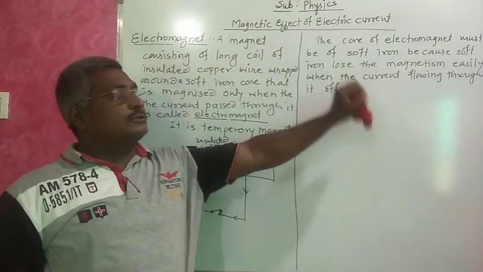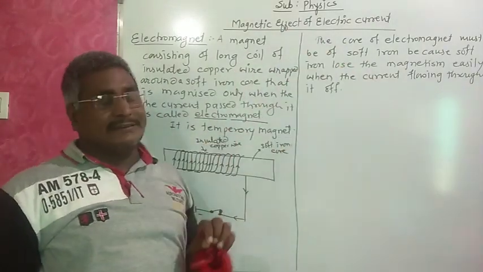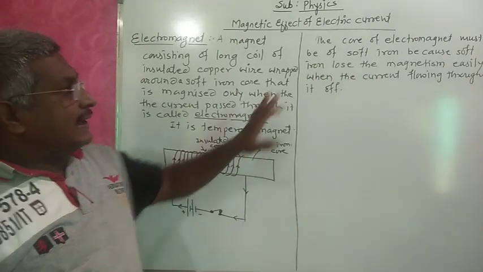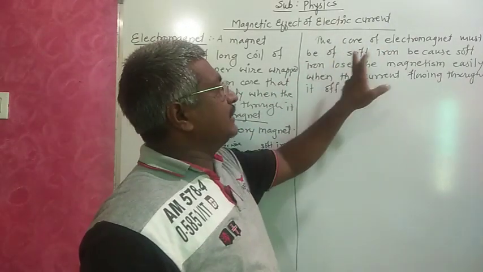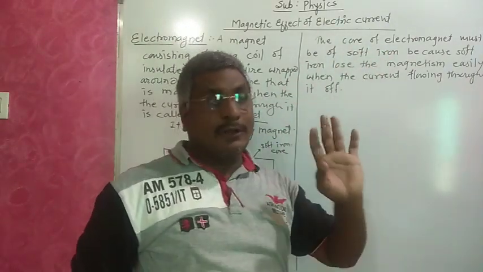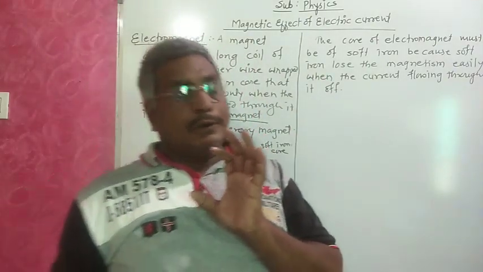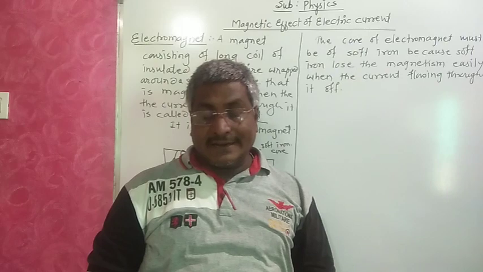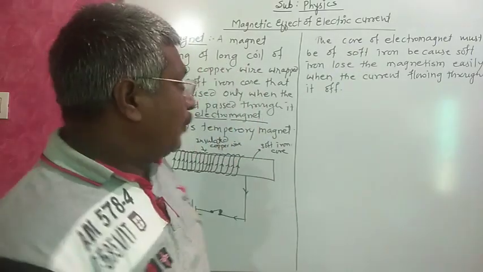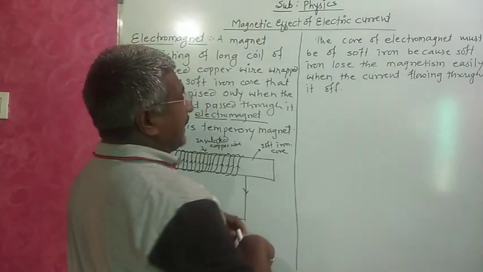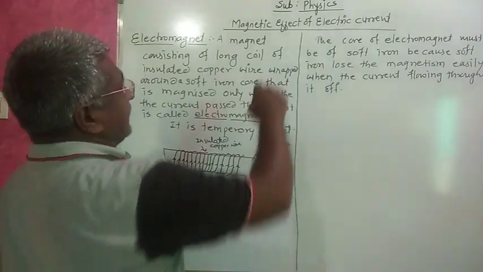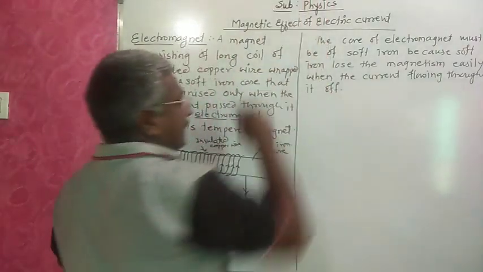That's why in an electromagnet we use soft iron core in place of steel. Understood, students? Hope you understand this. Now next is the factors affecting the strength of electromagnet.